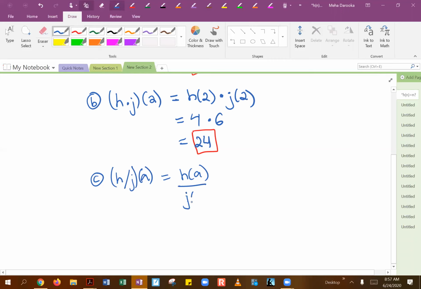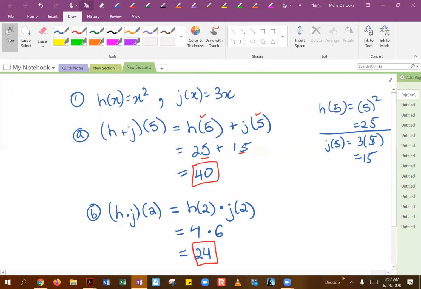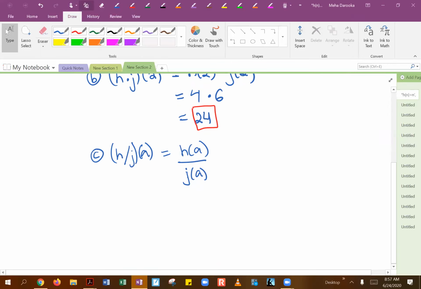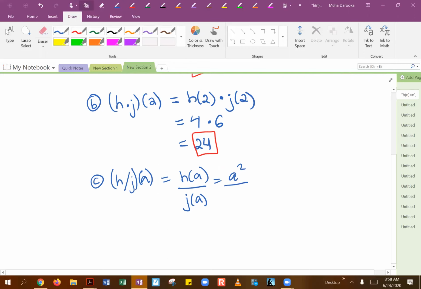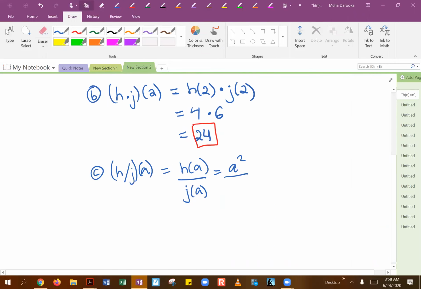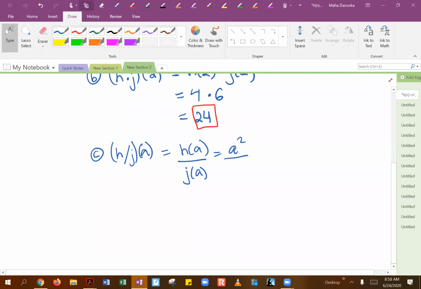Okay, so remember, this time we're not using a number, but we're just using a instead of x. So if h of x is x squared, which means h of a will become, of course, a squared, right? Because you just replace the x with the a. And then for j of a, that would be 3 times x, so that would become 3 times a. So we would have 3 times a on the denominator here.